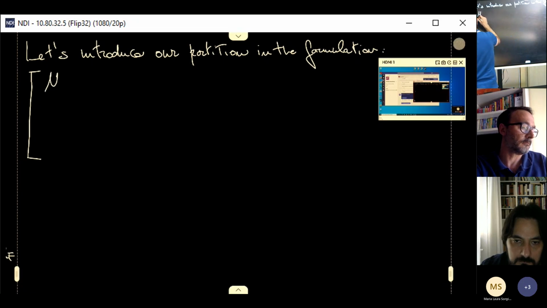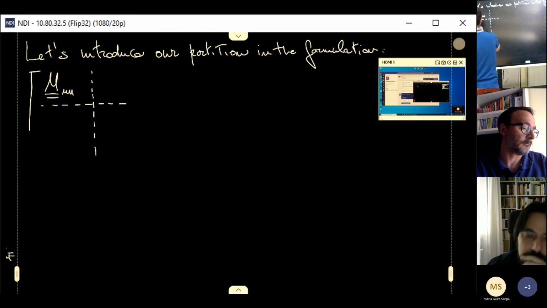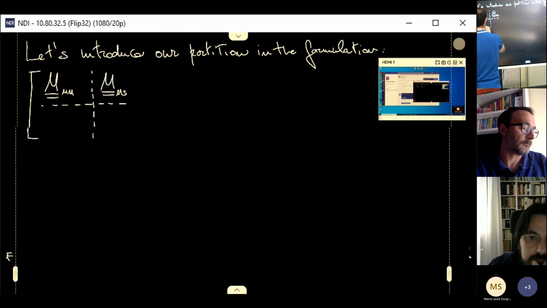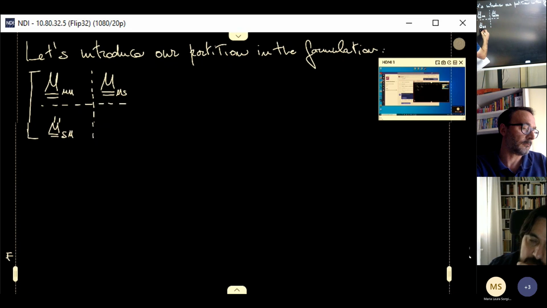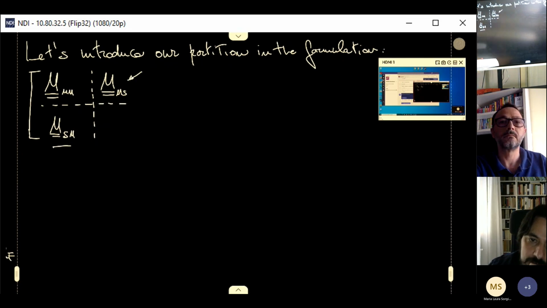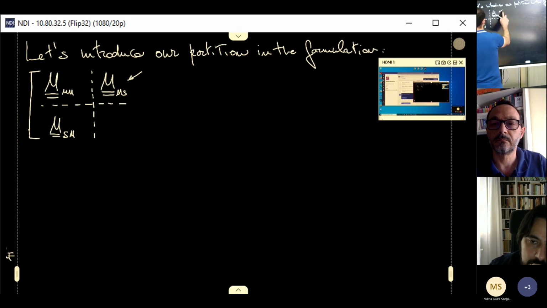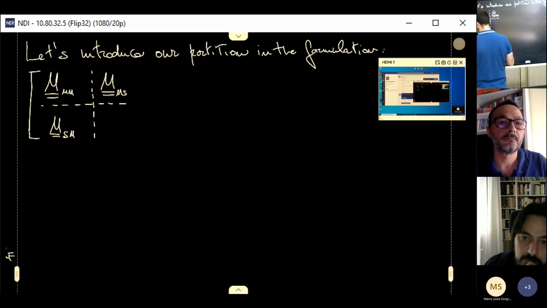You can write M master master, M master slave, M slave master, M slave slave, but we know that the off-diagonal blocks must be equal, because the mass matrix is symmetric.